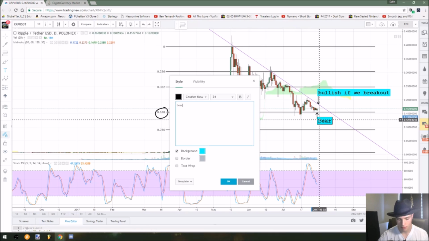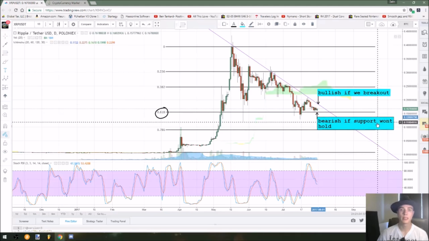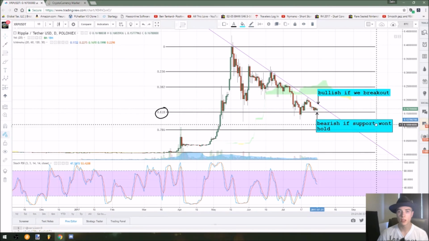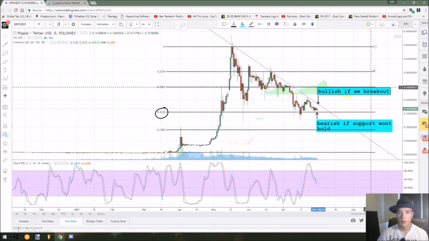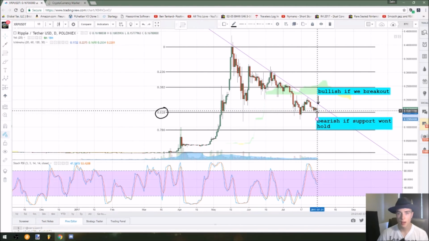So we'll be bearish if support does not hold, and we'll be bullish if we can break out. So that's my determination here on XRP.